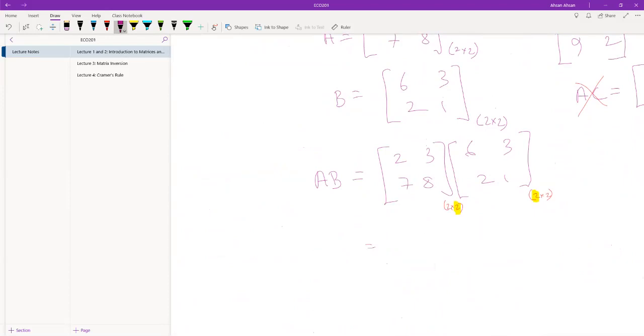So let me actually write down the definition.